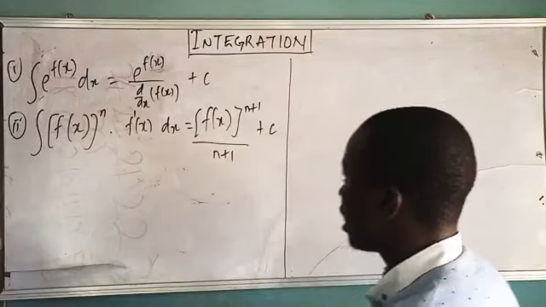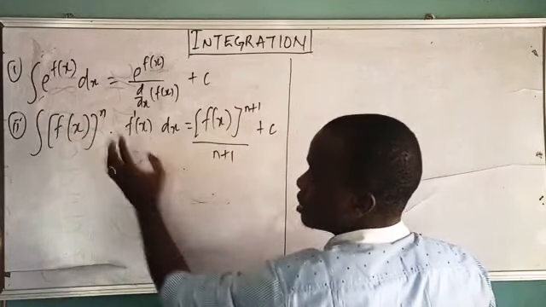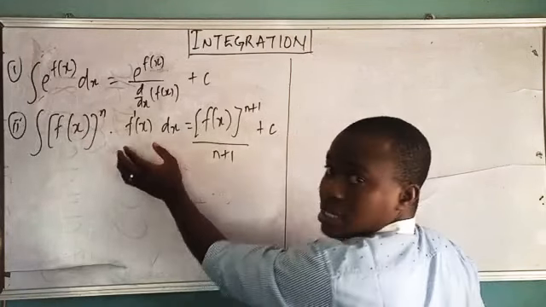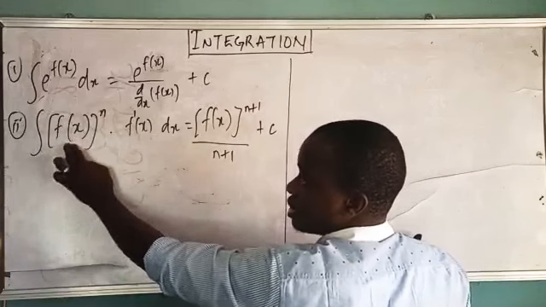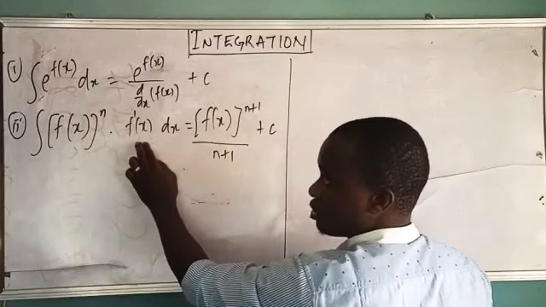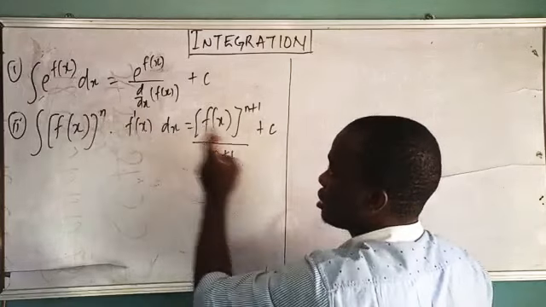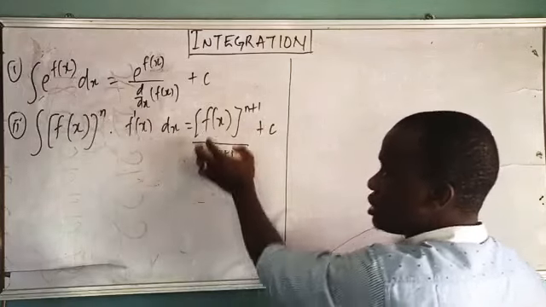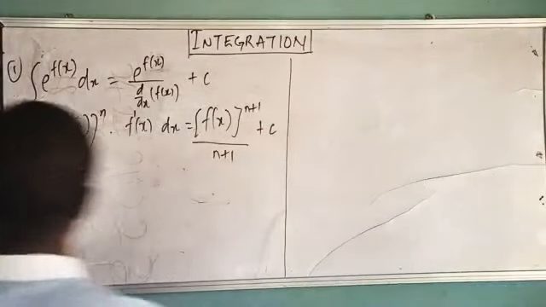Are you getting it? Because we have n here, if you see that the differential coefficient of what we have inside here is what you have here, what you do is just add 1 to this n, then the power, you put it at the denominator, down here. Are you getting it? So that is the second one.